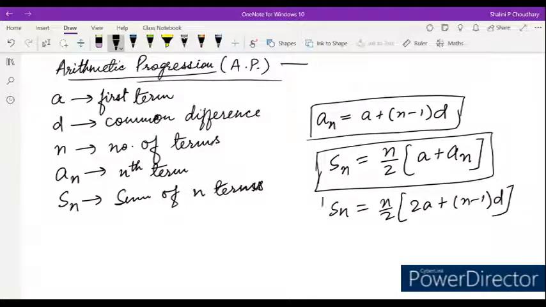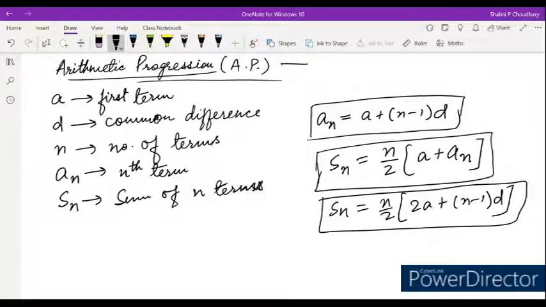We use this when we know the first term, the number of terms, and the common difference. But if we don't know the common difference and directly know the first term and the last term, a and an, then we can use the formula first term plus last term multiplied by n upon 2. That will be the value of the sum of n terms, right?